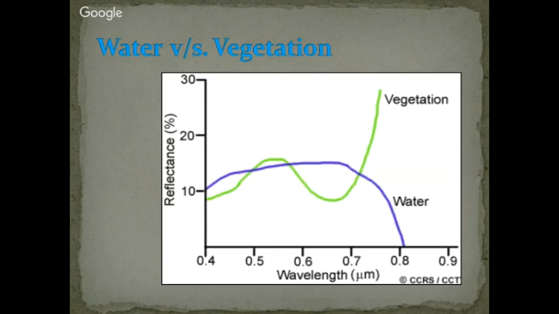The similarity is that both the surfaces are reflecting a very small, insignificant amount of energy, between 10 to 20 percent of the incoming radiation. So at 0.4 and 0.5 micrometers it is difficult to differentiate between the two surfaces because the spectral curves are almost the same.